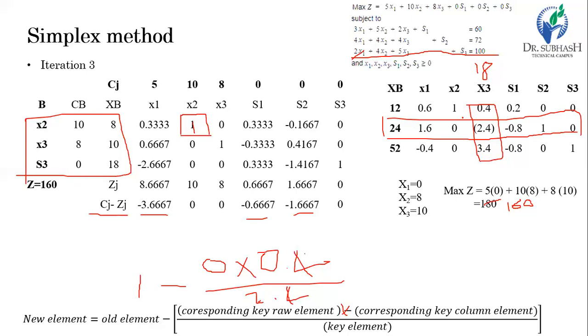After the optimality condition is achieved, consider the values of the variables present in the basis, and on the basis of these basic variable values, consider the final solution. And after considering the values, calculate the value of the objective function.